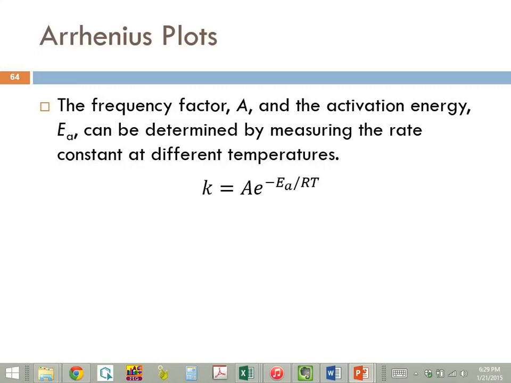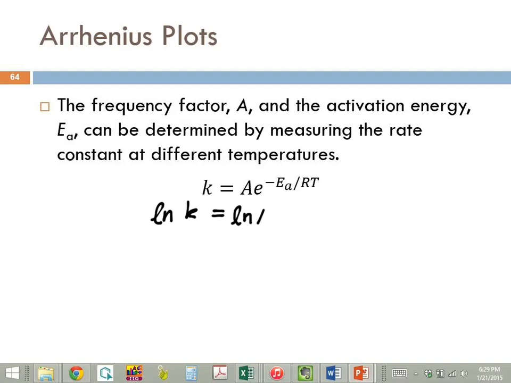Okay, so here we have the Arrhenius equation. This has e to the mess in it. And so we want to get rid of that, and we're going to do that by taking the log of both sides. So I'm going to take the log of the left side, I'm going to get the natural log of k, and that is equal, here I've got A times this exponential factor. When I take the natural log of two things that are multiplied, it's the log of each of them added together.